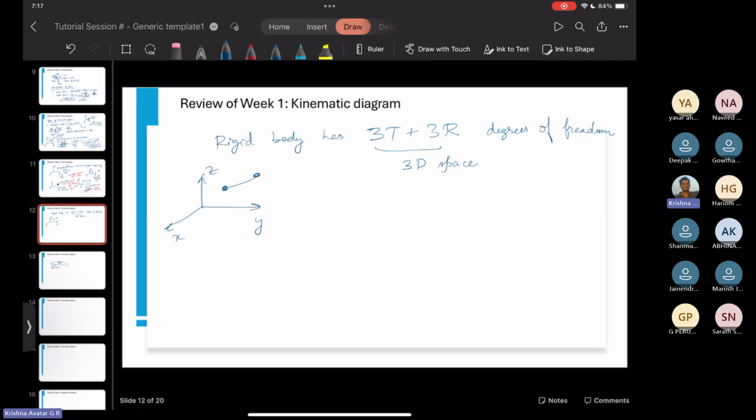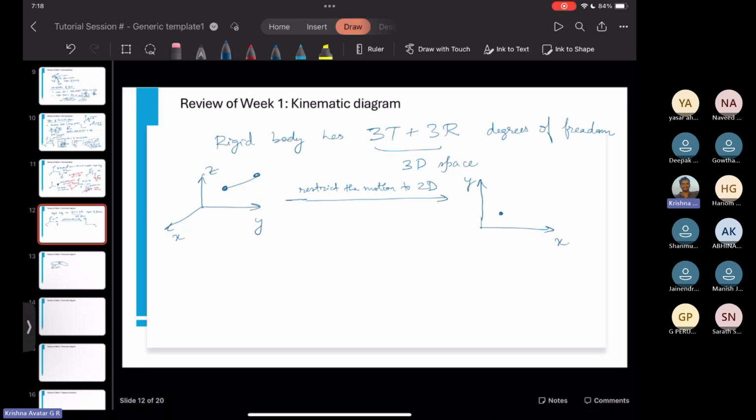Before, it had all the freedom to move along x, y, z, and also to rotate about the x, y, and z axes. Now we are restricting the motion to 2D. When we restrict the motion to 2D, our entire configuration space is the XY coordinate system, or XY plane.